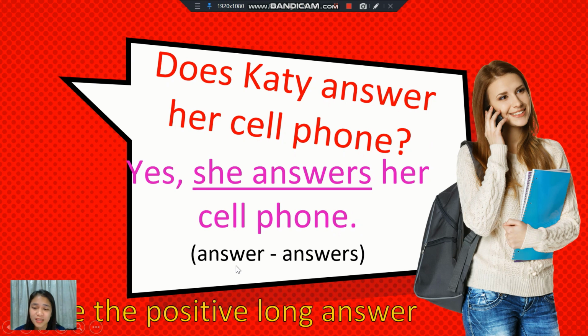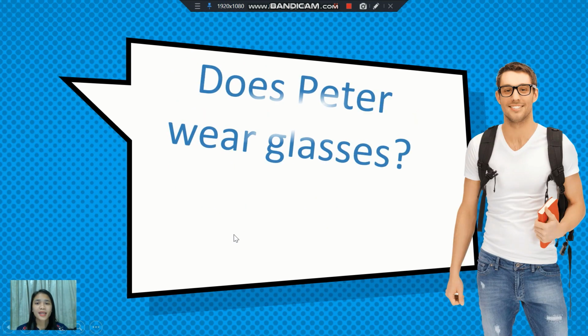All you have to do is add S to answers because she is a singular subject. So you're going to put S to its verb. This is a simple present tense.